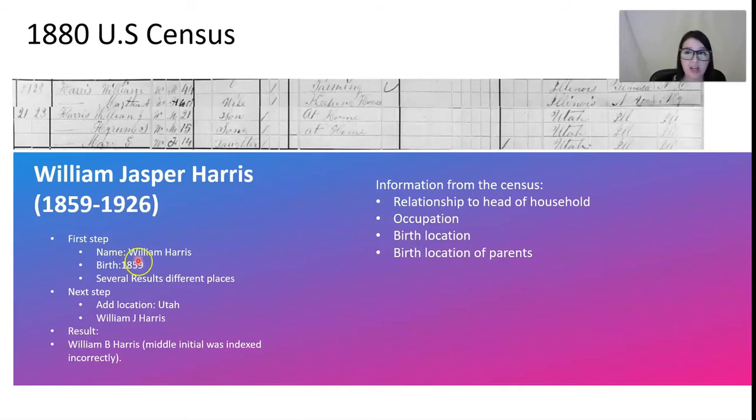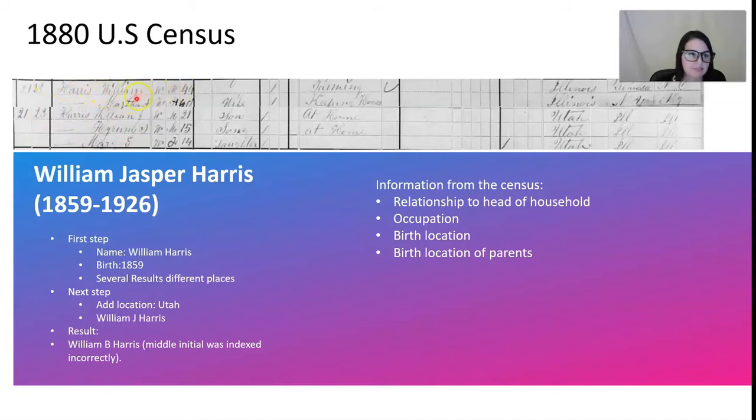After that, I narrowed down my search to Utah, and I added his middle initial J. My result was a William B. Harris, and it turned out that his middle initial was actually misindexed. So as you can see right here, I can see how they would think it was a B, but it's a J right there. So this is my individual. This is his father.